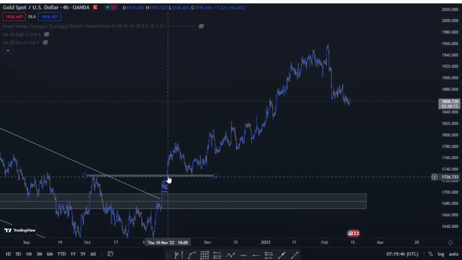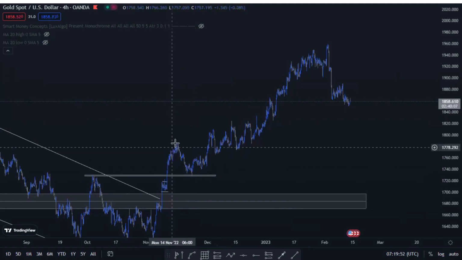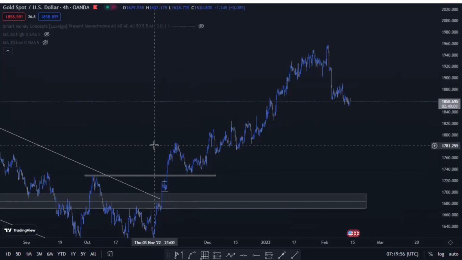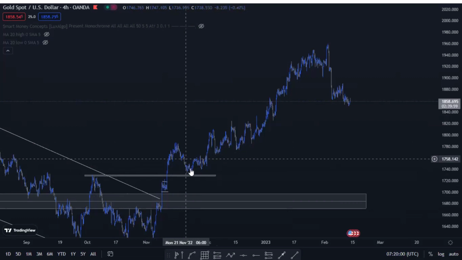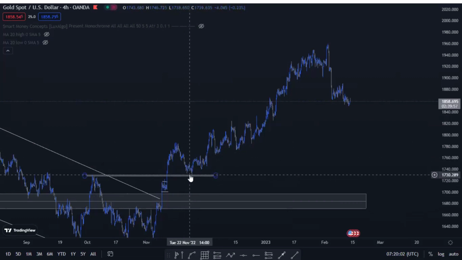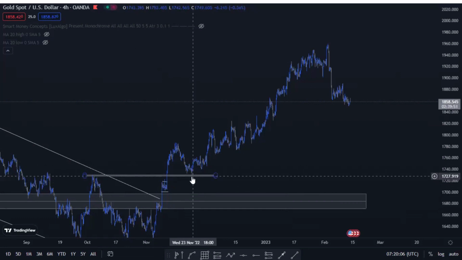As soon as this breaks out, take a buy, maybe close your profits here or somewhere around the price action, depending on what the price action shows you. So take profit and then maybe wait for another entry. As soon as the market comes back to retest this level right here, then you take another buy.